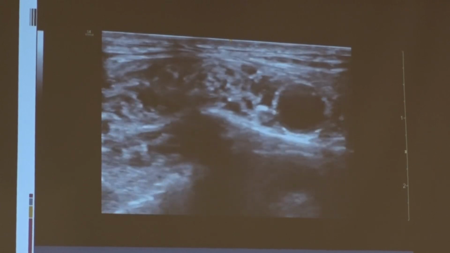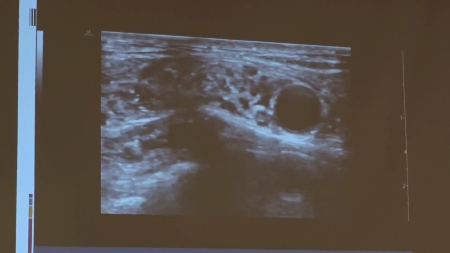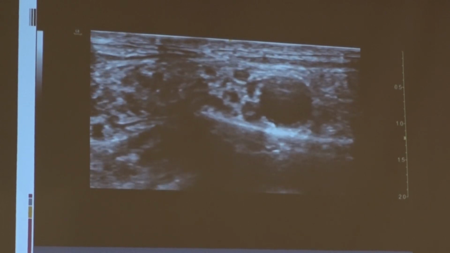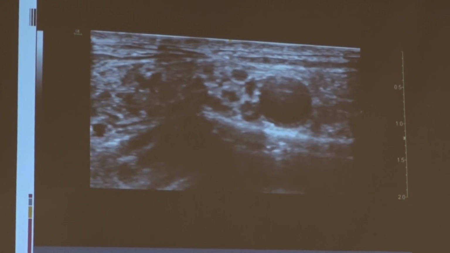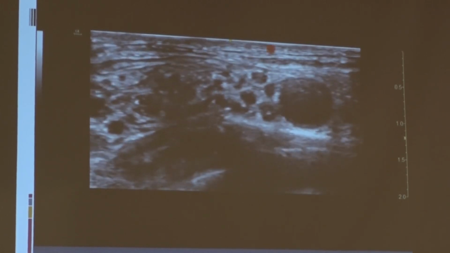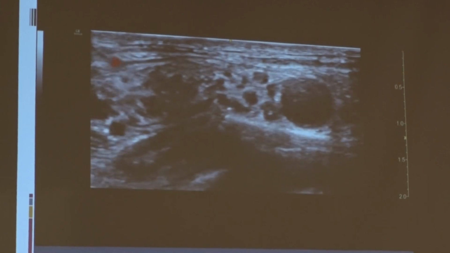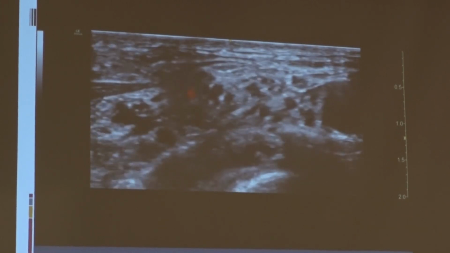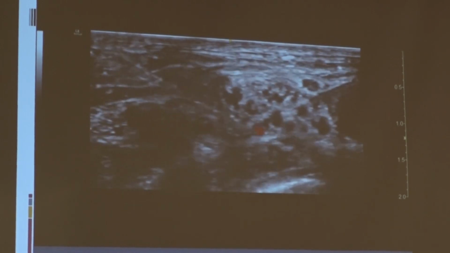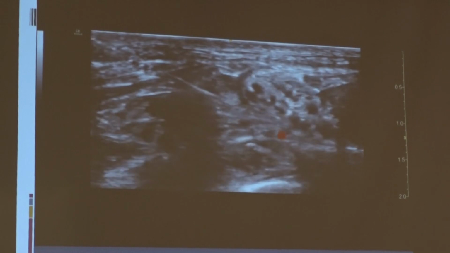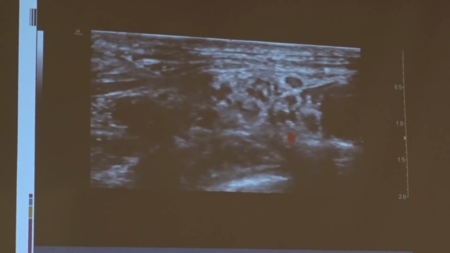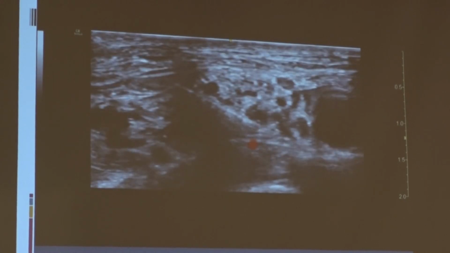Then I slide my transducer to the supraclavicular fossa and inject LA to the inferior trunk. Okay, this is my needle. I target the corner pocket, and once a pop is felt, I injected 10 mils of ropivacaine 0.5%.